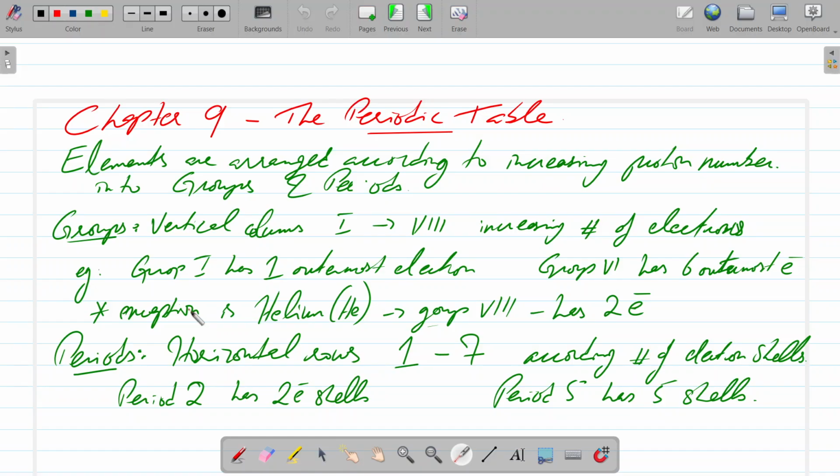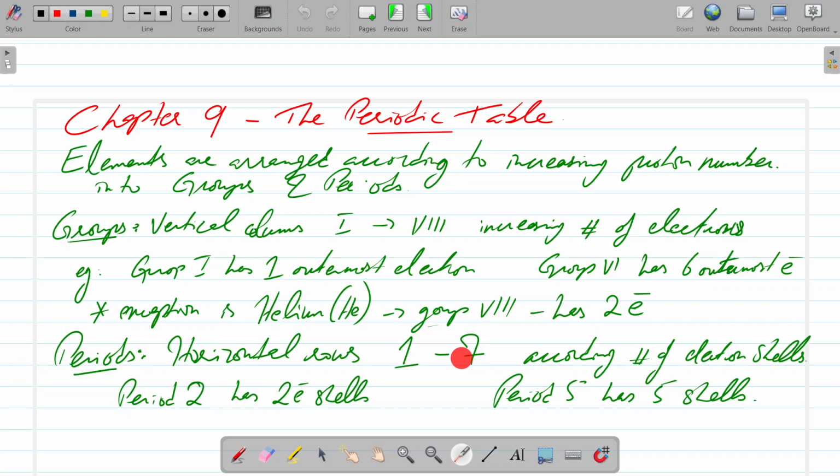So helium is one of the elements in group 8. It only requires 2 outermost electrons instead of 8 to be stable, and so that is an exception within group 8. But otherwise, all the rest have 8 of them. Okay, then periods are the horizontal rows.